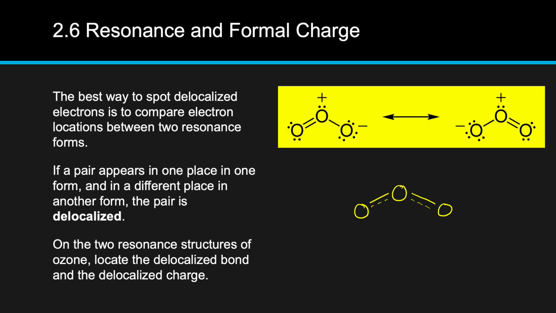What I want to go over next is if we're talking about a single bond between two oxygens, the actual distance between those two oxygens would be 148 picometers. Now, if we had a double bond between two oxygens, that would be 121 picometers.